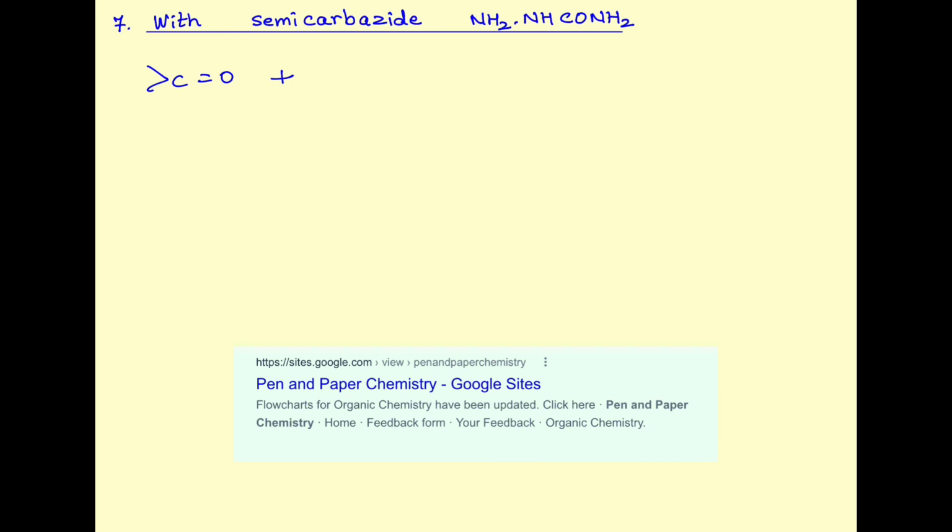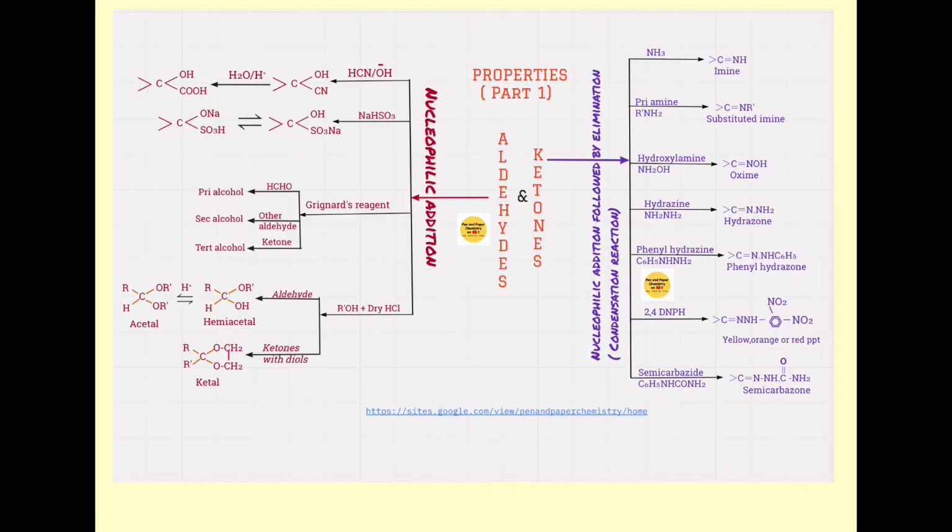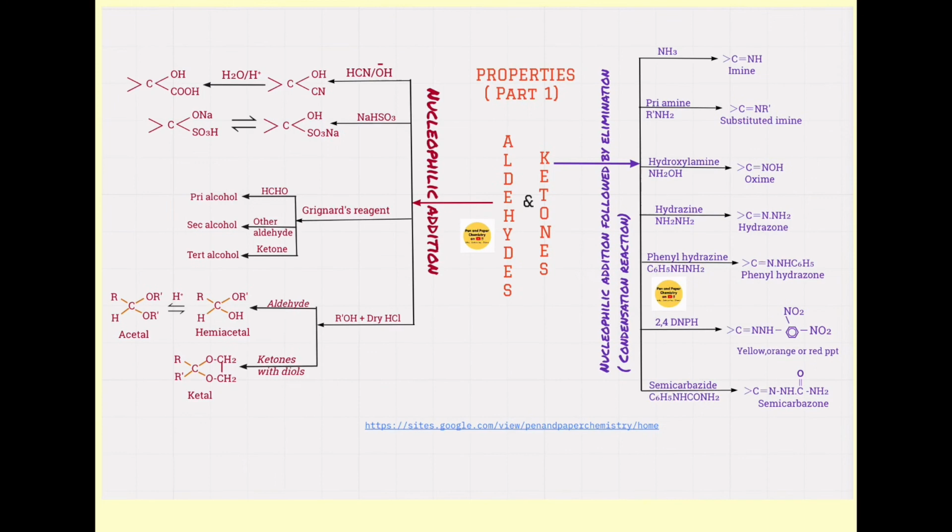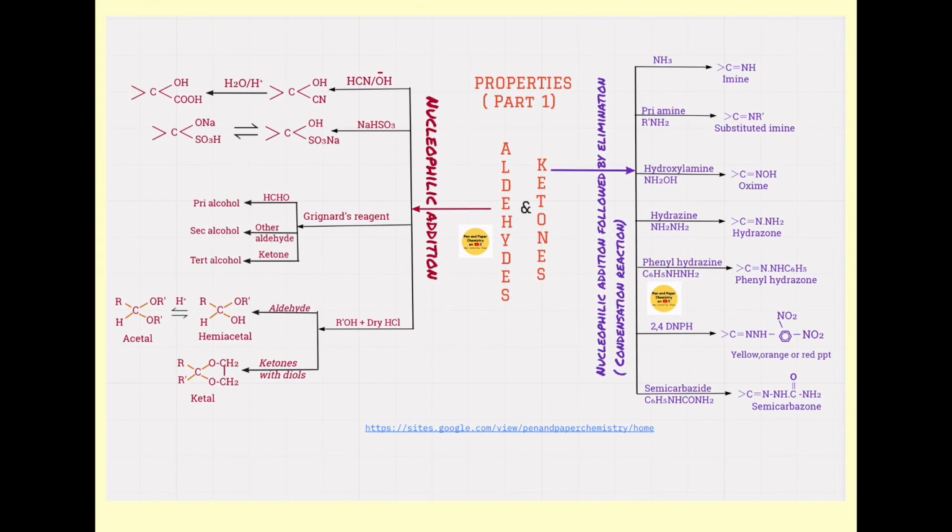Now that we have covered the nucleophilic addition and the nucleophilic addition followed by elimination, this is the complete flow chart for you to note down and to make it on an A4 size sheet, or you can take an old calendar and make the same flow chart on this.